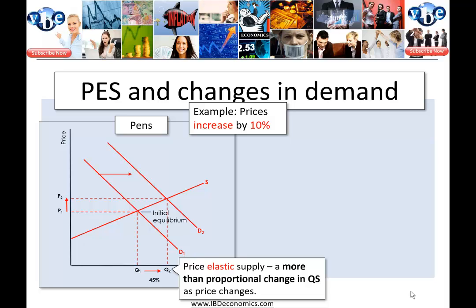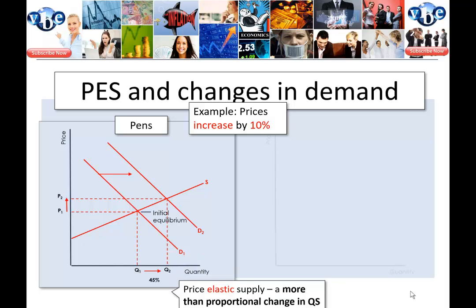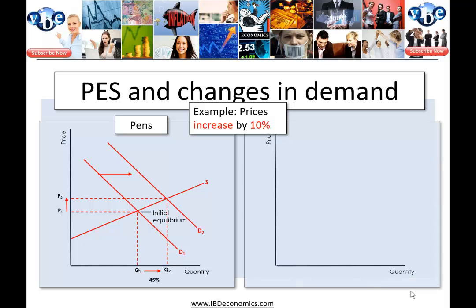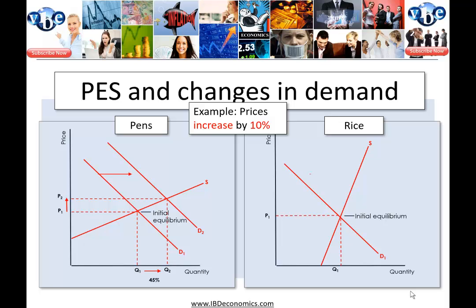Price elastic supply: a more than proportional change in quantity supplied as the price changes. So quantity supplied is increased by more than the change in price. Price inelastic supply, we can tell that because the supply curve is intersecting with the horizontal axis there.